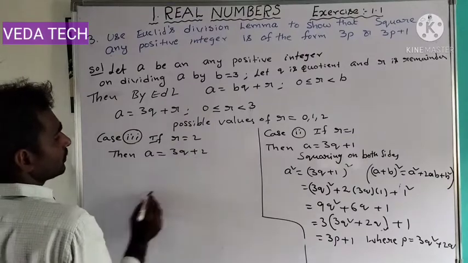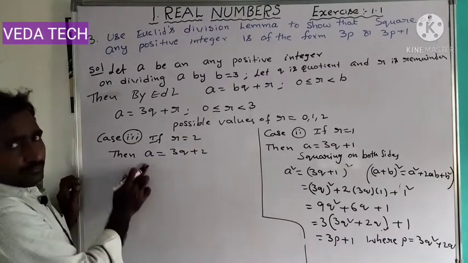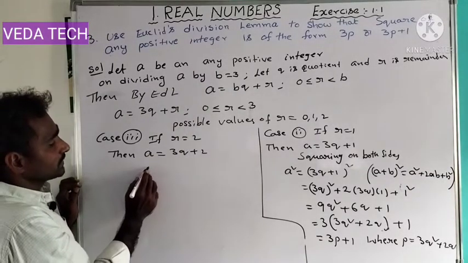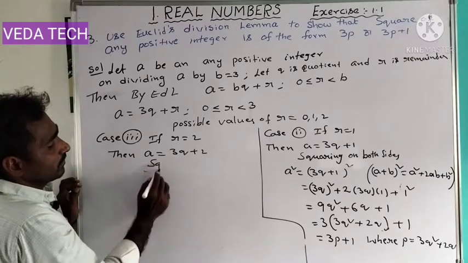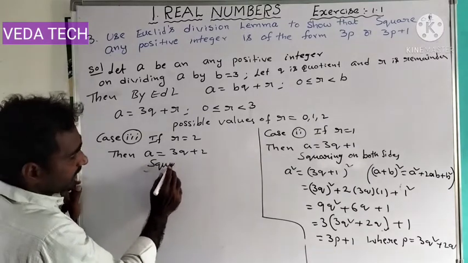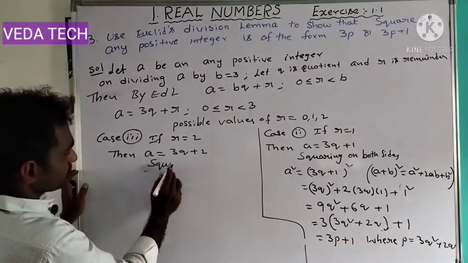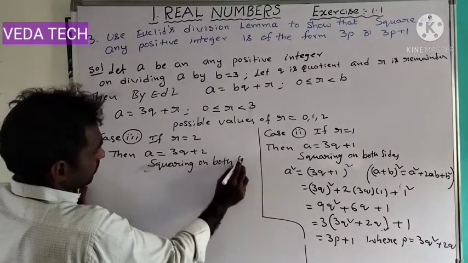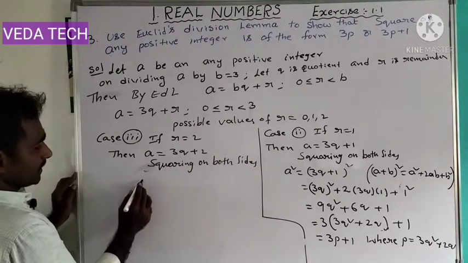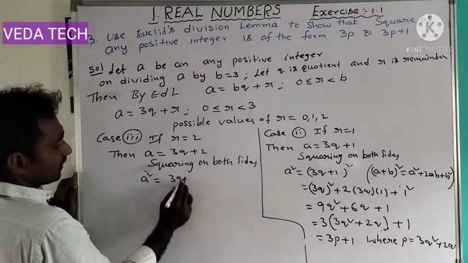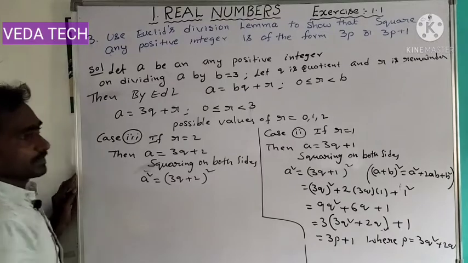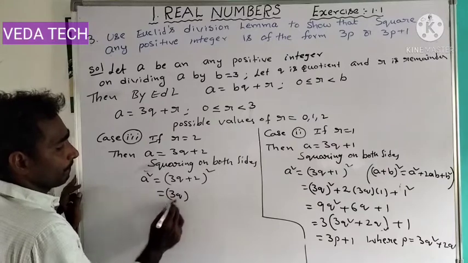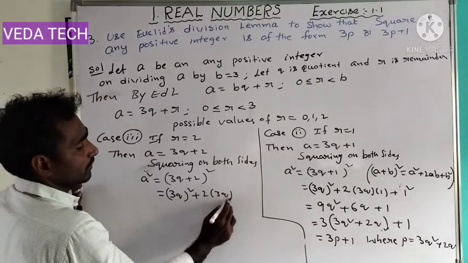We want a square, so squaring on both sides, a square is equal to (3q plus 2) whole square. This is (a plus b) whole square, a square plus 2ab plus b square.